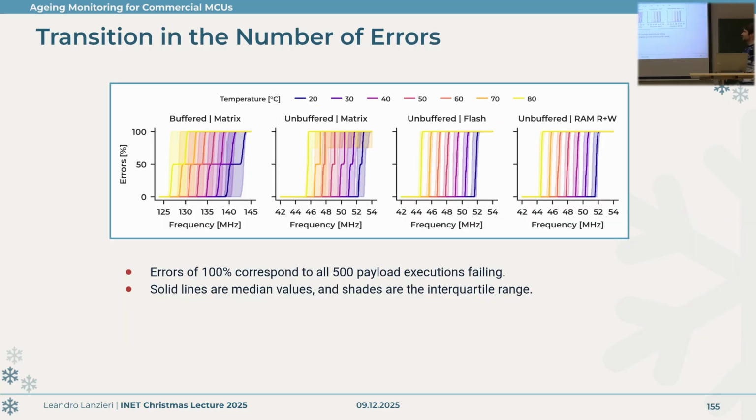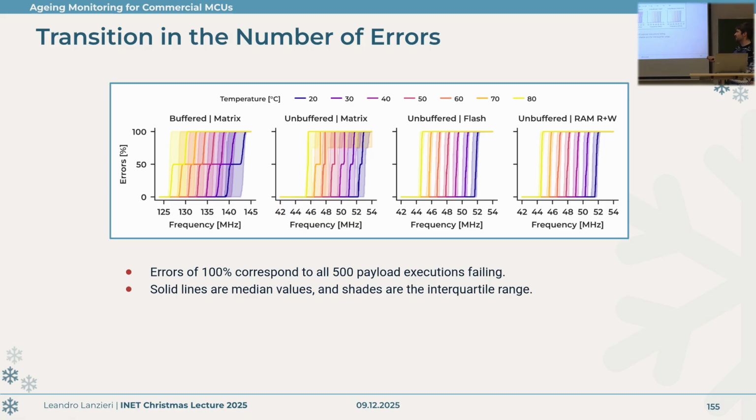So, when we look for the maximum error-free frequency, we also observe that errors don't just appear, they start creeping up. If we run the payloads 500 times, which is what we do, we can calculate how bad the execution of each of the payloads is.